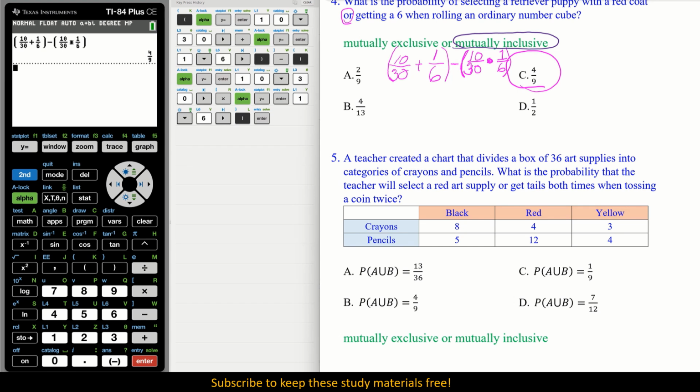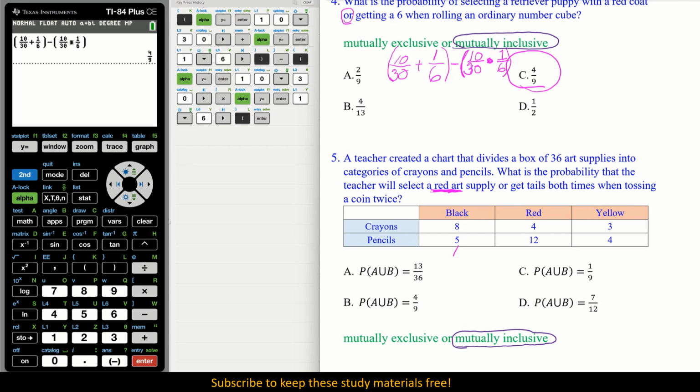Okay, we know because of the puppy retriever situation that is mutually inclusive. It could happen at the same time. Now, let's deal with the table, which is the color situation. Okay. And it says, what is the probability of selecting a red art supply?